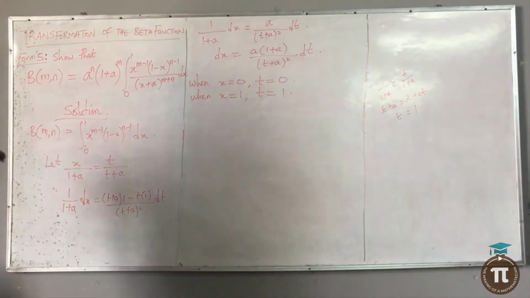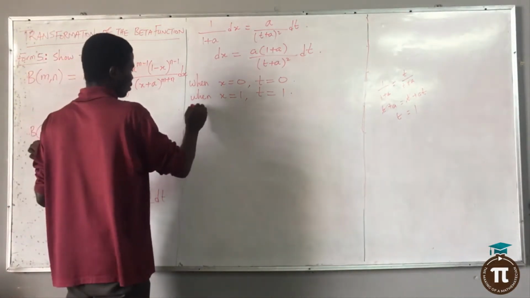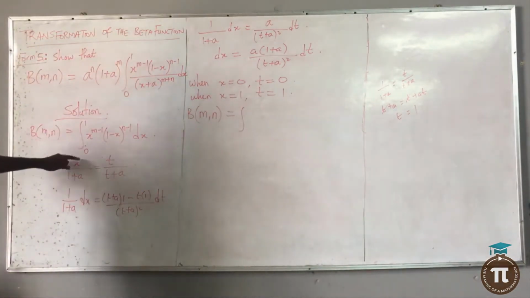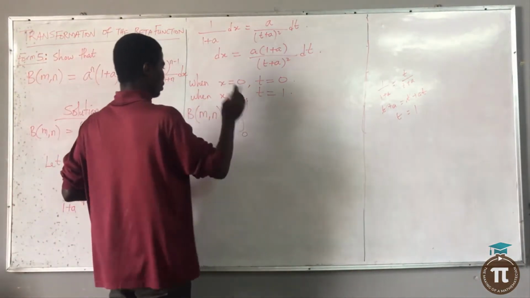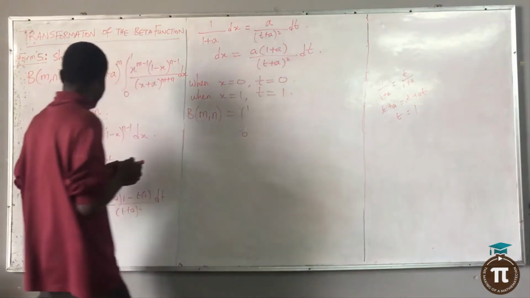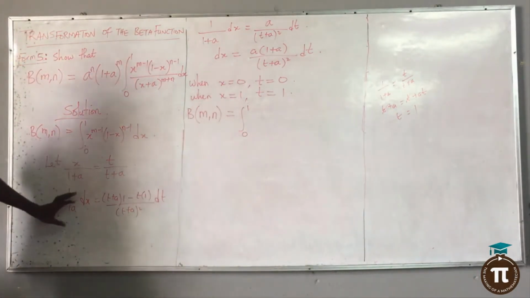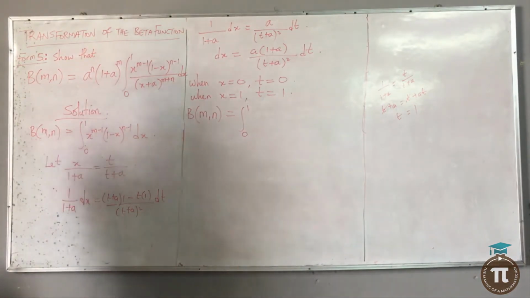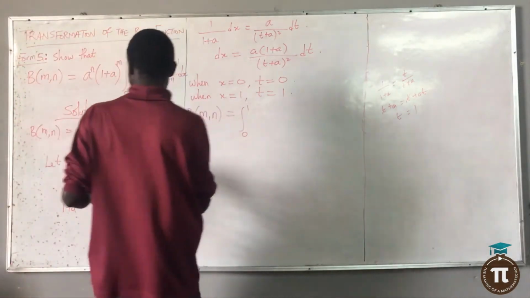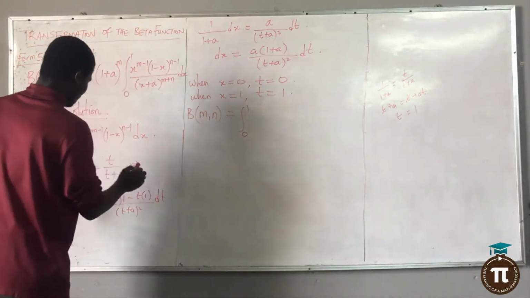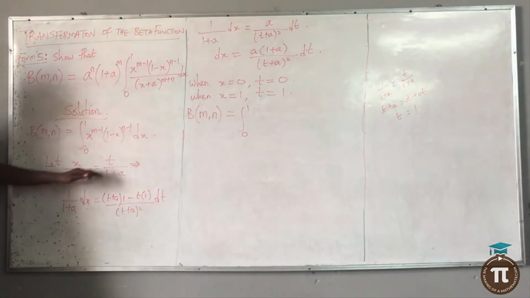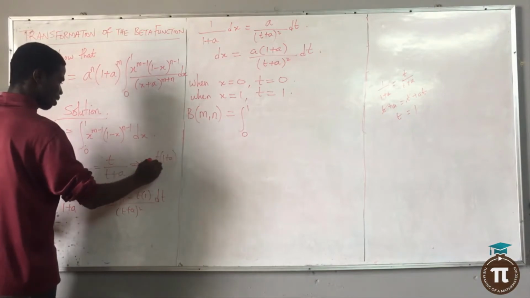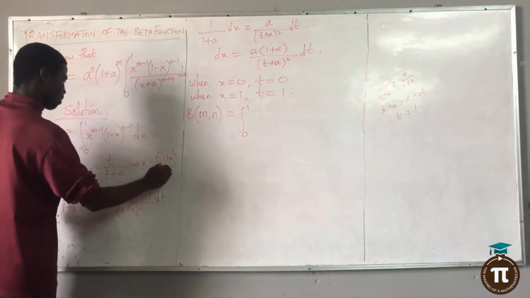So now I will substitute into the integral: beta of m comma n is equal to the integral from 0 to 1 of s. If you make s the subject of the formula here, just transfer this 1 plus a to the other side, s will be equal to t times 1 plus a all over t plus a.